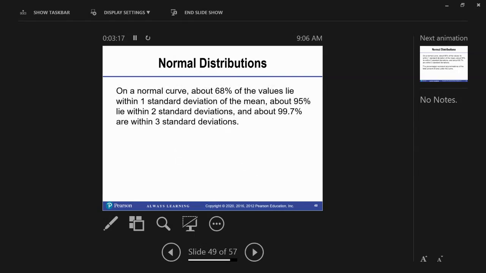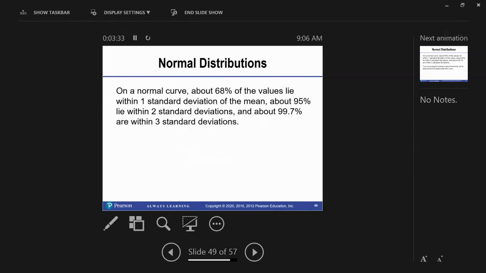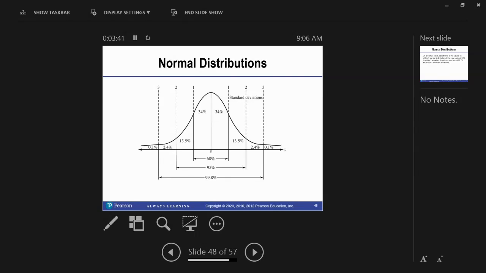And then all of your data points, like these other lines, represent a standard deviation from the mean. This line between the 2.4 and the 13.5 would be 2 standard deviations from the mean. And then 3 standard deviations from the mean, and so on.